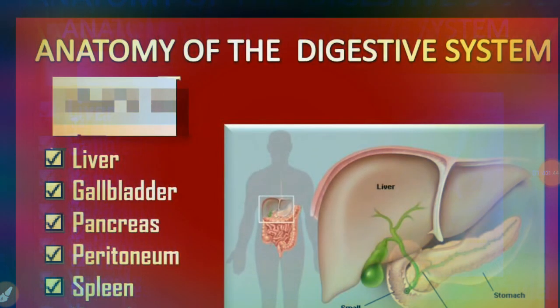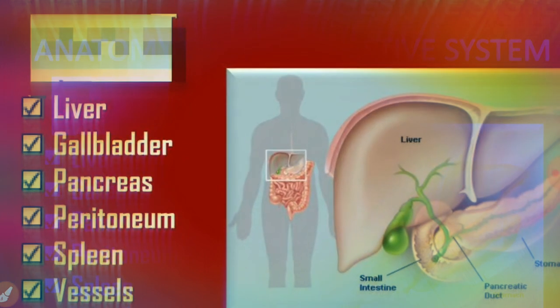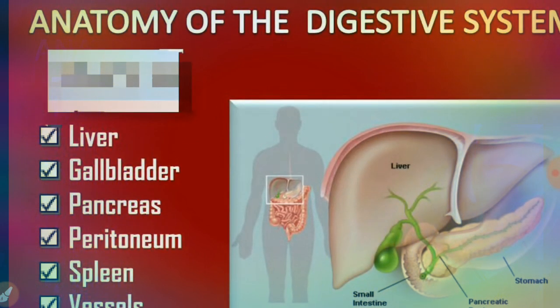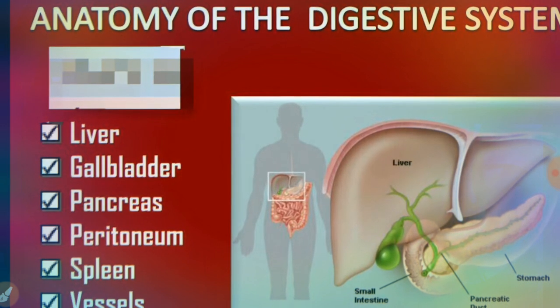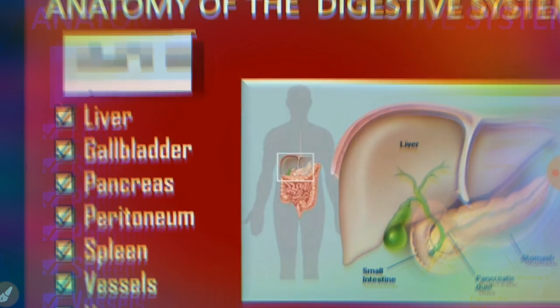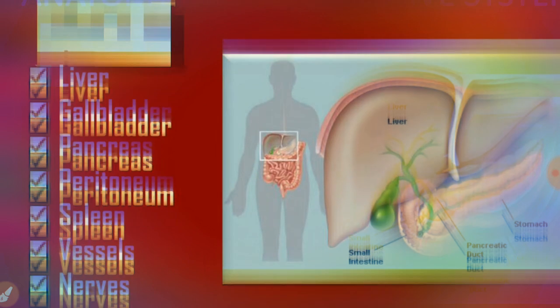Before starting the anatomy of the peritoneum, first we have to know the anatomy of the digestive system. Under the digestive system, there are a few organs involved. The first ones are the liver, gallbladder, pancreas, peritoneum, spleen, and vessels and nerves.